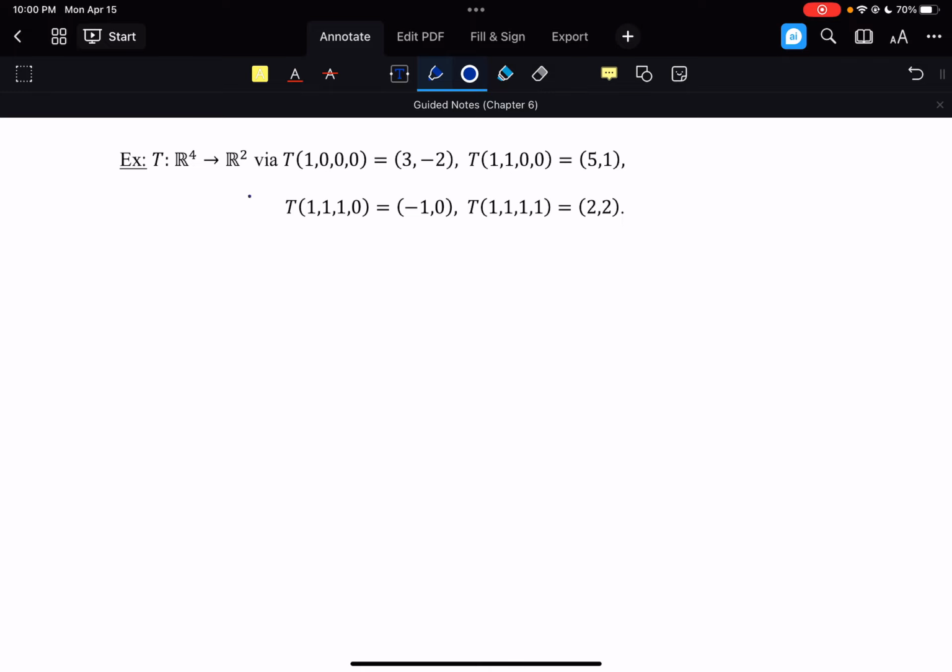If we want to create the matrix A for the matrix transformation, we need to transform a basis. This one, however, is not quite in that standard form of 1 with zeros, 0, 1, 0, 0, and so on. We can create that basis out of these, however. If we wanted to create 0, 1, 0, 0 using what we have, we could take 1, 1, 0, 0 and subtract off 1, 0, 0, 0.